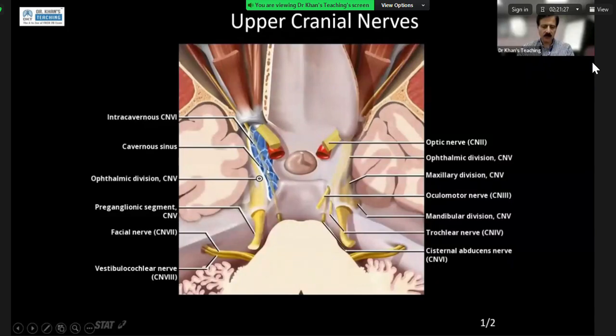The third nerve, the fourth nerve, the sixth nerve, all of them go into the cavernous sinus. Similarly, this is the fifth nerve, and V1 and V2 will go into the cavernous sinus. V1 will continue into the superior orbital fissure. V2 will go out through the foramen rotundum, but V3 will not go into the cavernous sinus.